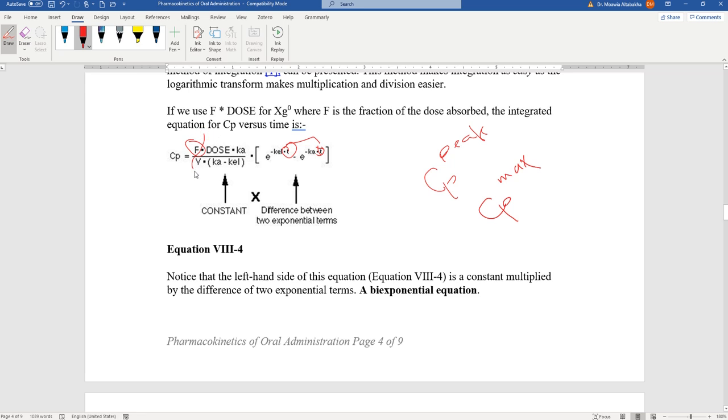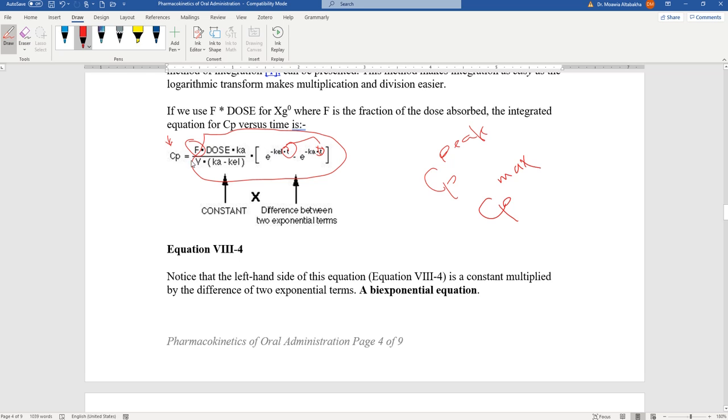If you consider all this is multiplied by F, it means F has a direct relationship with the concentration. What I mean is, if F doubles, Cp will double, because F is only present here. If F becomes half, Cp will be half at all times.